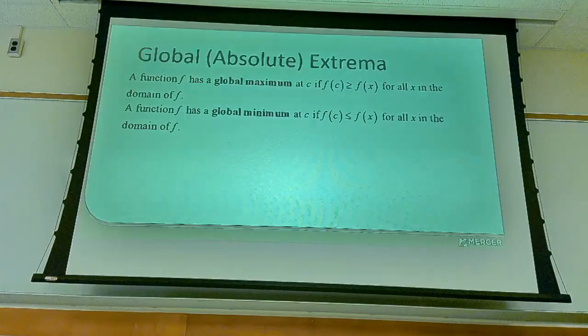No. Nope. f of x equals x. What's the absolute minimum? There's none. No matter what value you give me, I can find one smaller than it. Same thing with maximum. No matter what value you give me, I can find something larger. By the way, that also doesn't have local extrema.